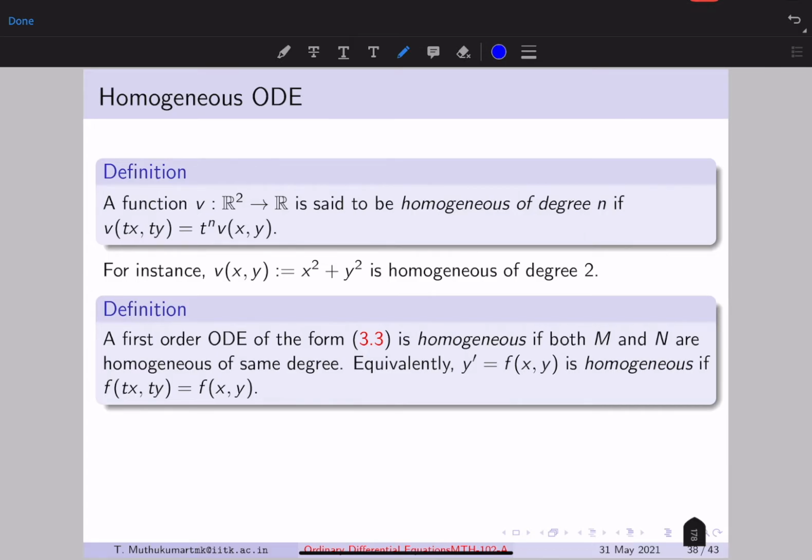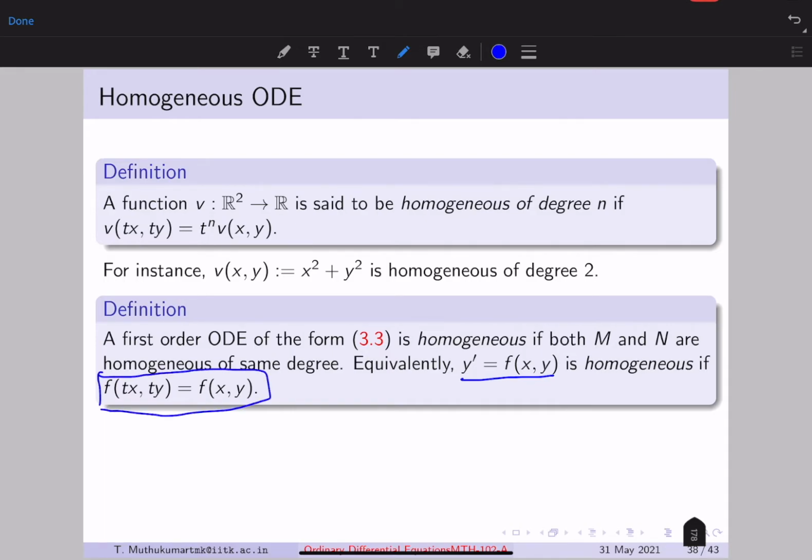So now what is a homogeneous ODE? We say an ODE of this form is homogeneous if this f satisfies this property.